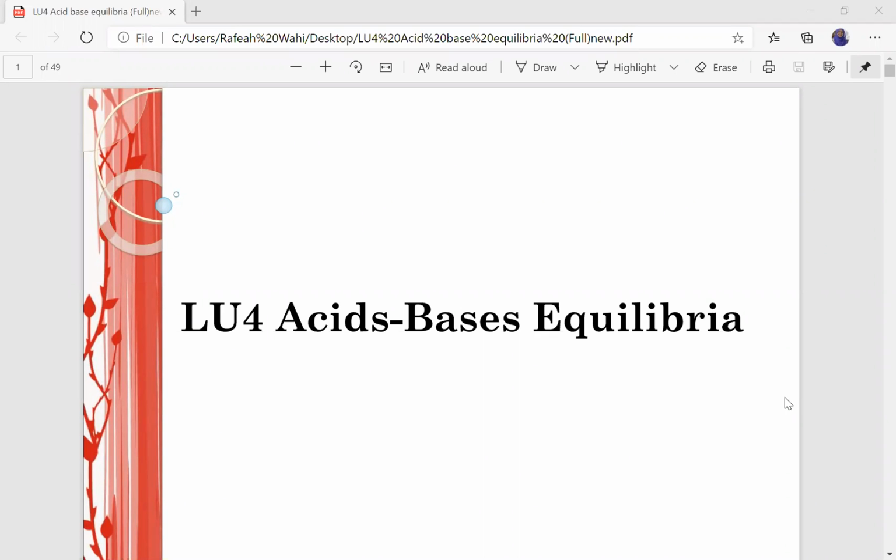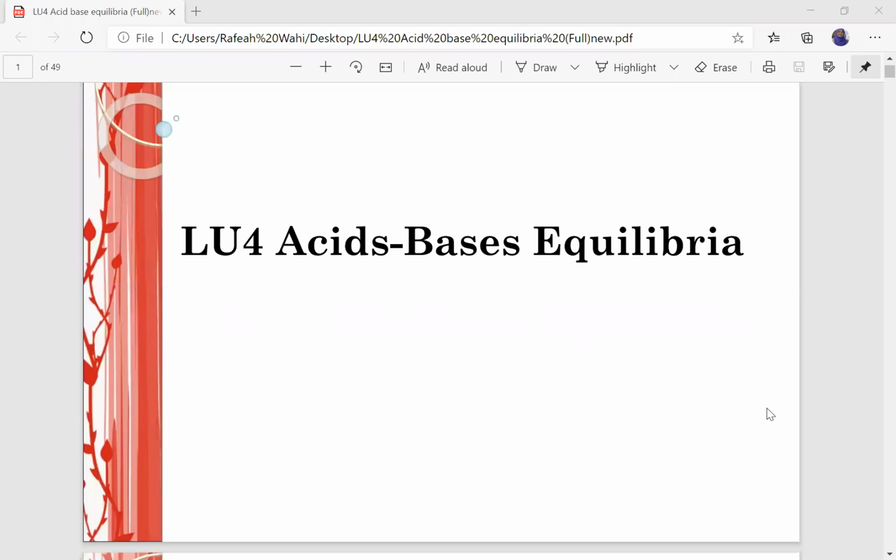Right. In learning unit 4, we are going to learn about acid and base: the definitions of acid and base and the equilibria. We're going to learn about Ka, the acid equilibrium constant, and Kb, the base equilibrium constant. We are going to learn about the ICE table.